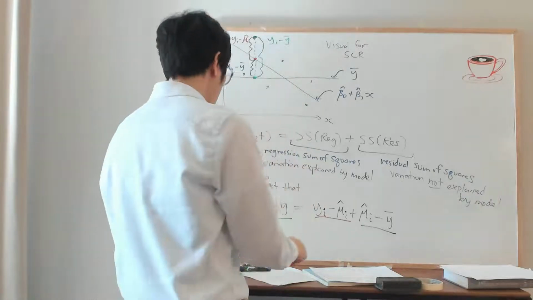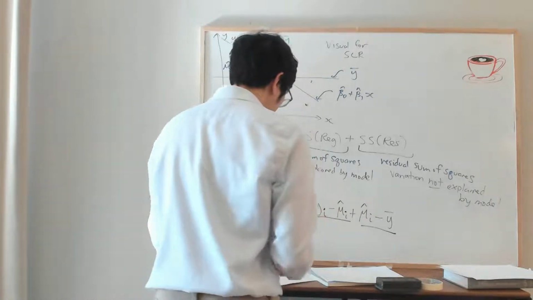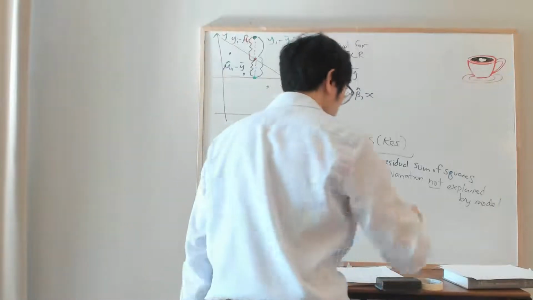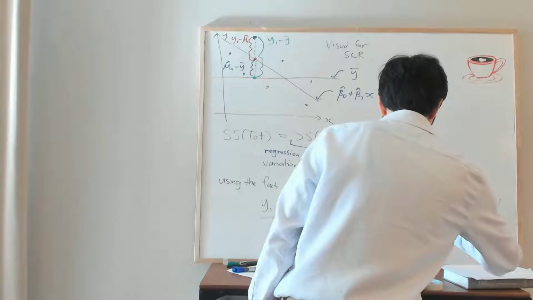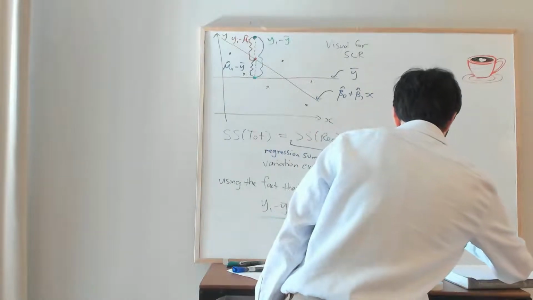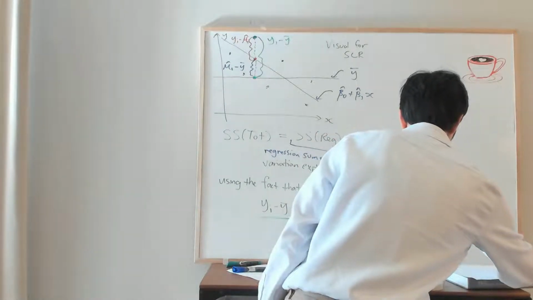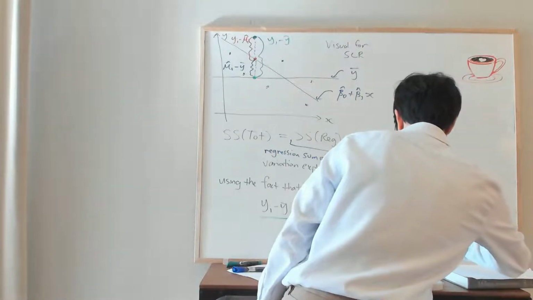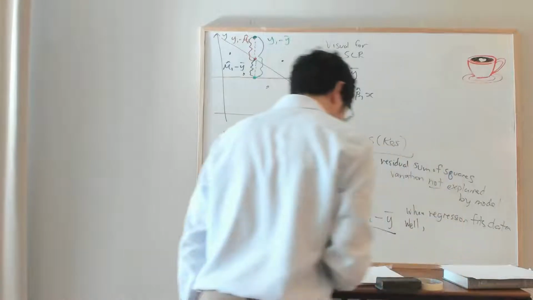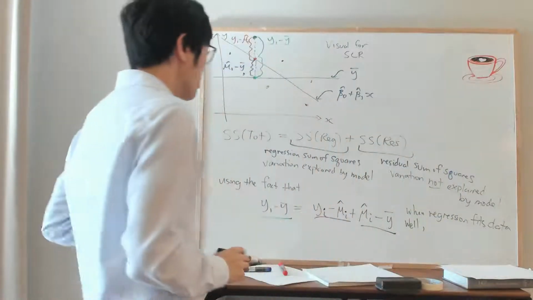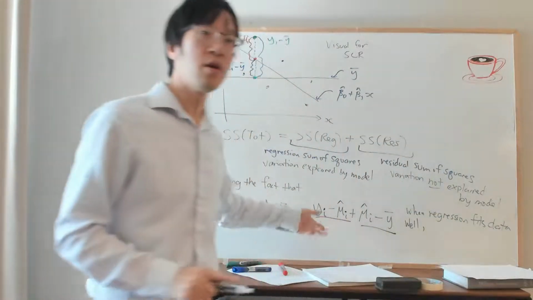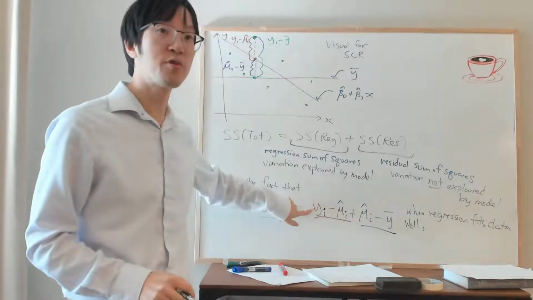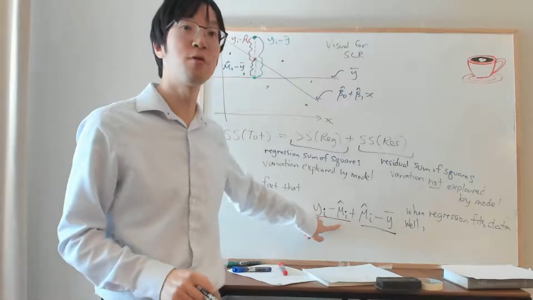Okay, and so how is this going to behave then when the line fits the data well? So let's make a note here. When the regression fits data well, then on the whole, the observations, so the yi's, are going to be close to their fitted value.